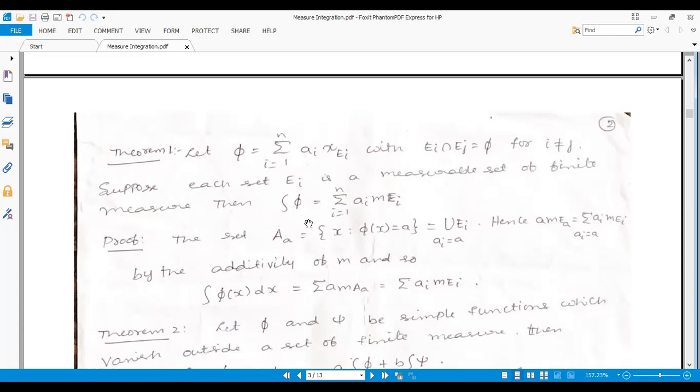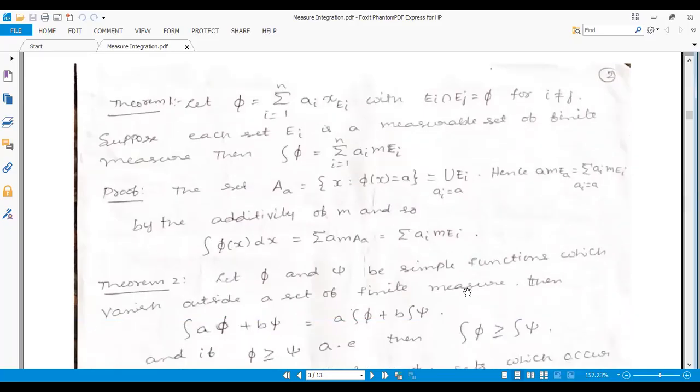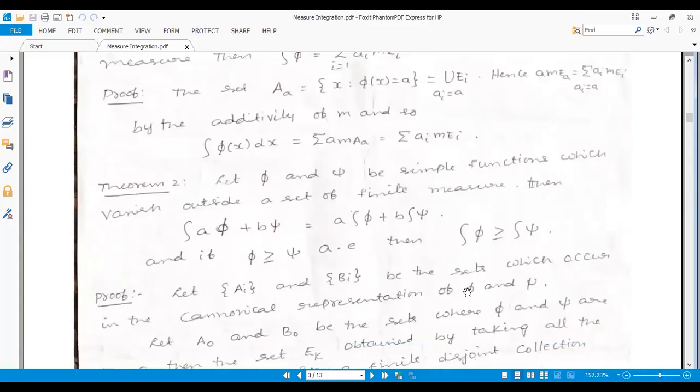By the countable additivity of m, the summation of m(Ai) is equal to measure of A, and it can be extended to ai into measure of Ei. That is the proof, a straightforward proof you must remember.